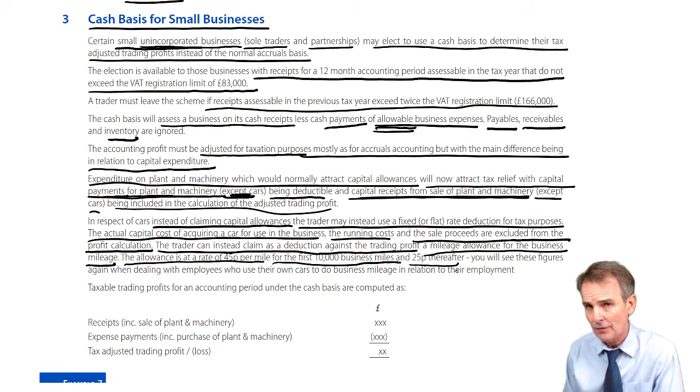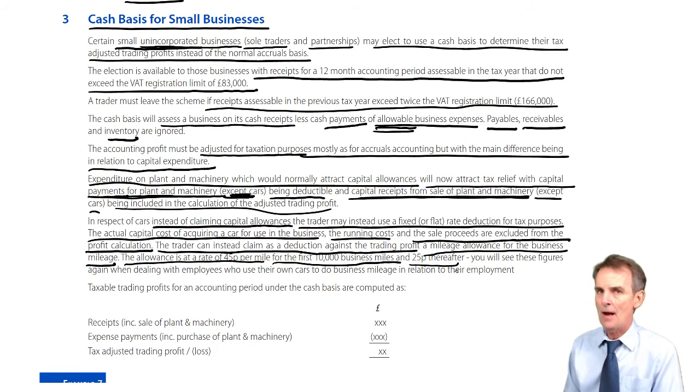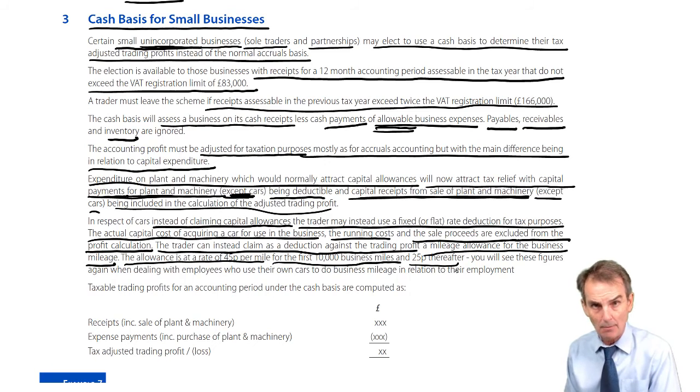Now, these are figures that actually are not just used here, but are also relevant when we deal in Chapter 9 with employment income. When an employee uses his or her own car for business purposes, they may be recompensed by their employer by a mileage rate.